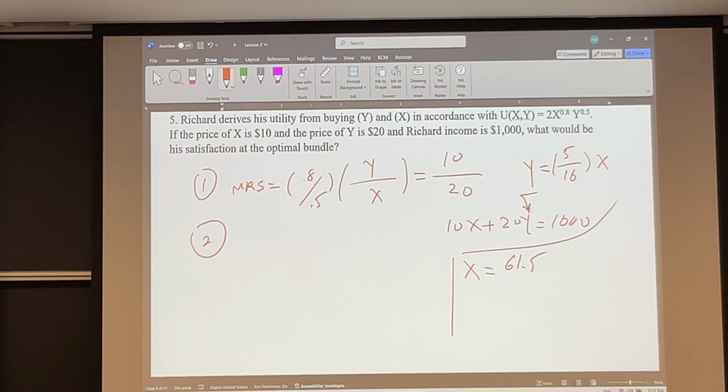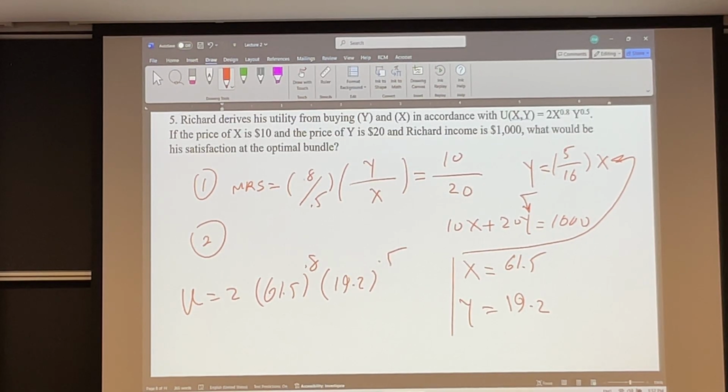Take this one, plug it there, get y. How much is that one? 19.2. Then I can get the satisfaction he gets, which would be this amount. And that is it.